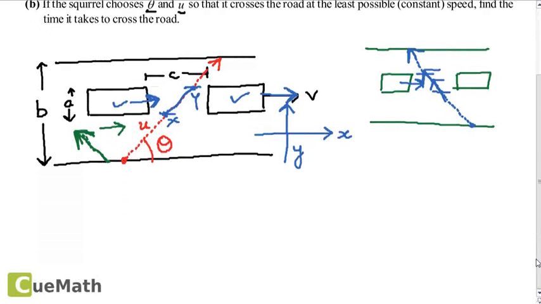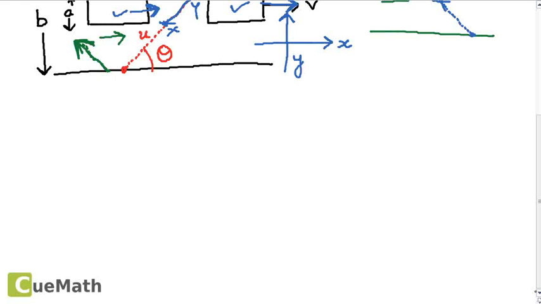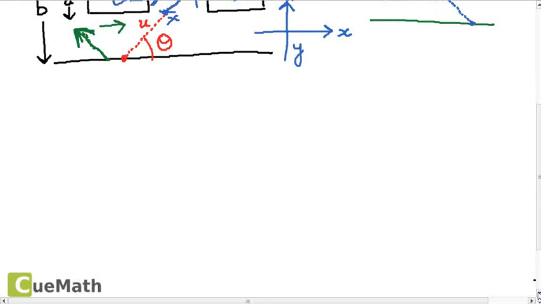Now let us analyze the situation more deeply. So let us draw the figure once again, the figure of the road and the cars and the squirrel.